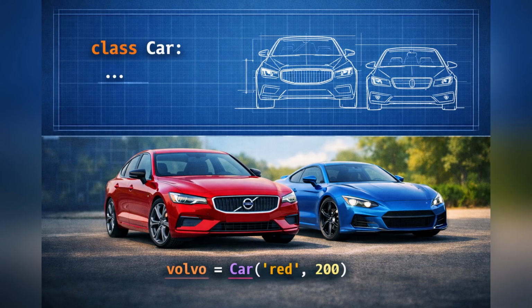Once you have a class, you can create multiple objects from it. Each object is a separate instance with its own data. This is extremely useful because instead of rewriting code for every object, you define it once and reuse it as many times as needed. Classes help you model real-world systems in a structured and organized way.